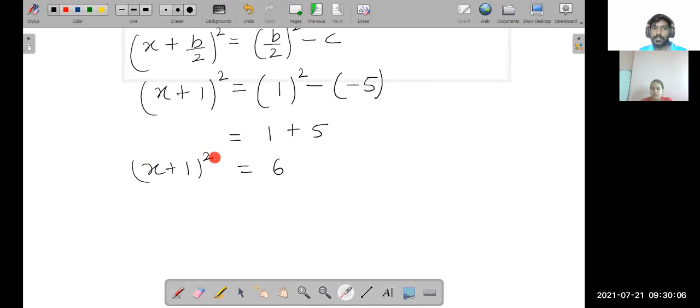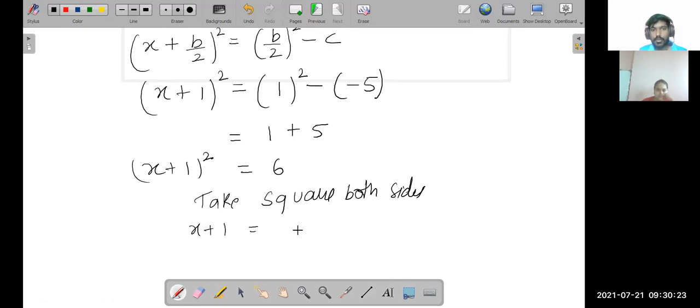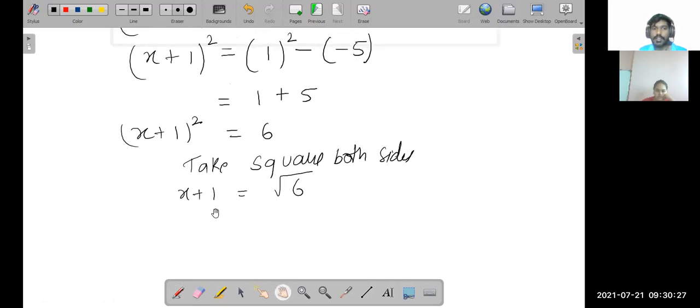Okay, so then what to do? Taking square roots on both sides. Take square root both sides. Then it will become x plus 1 equals root 6. X plus 1 is equal to root 6.